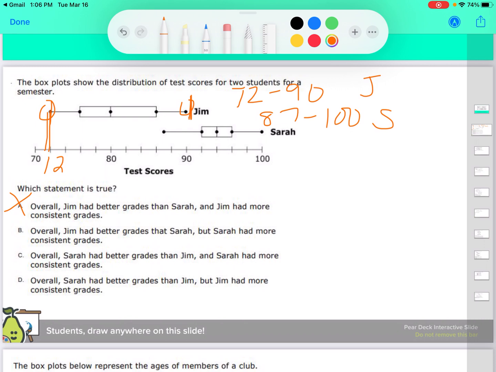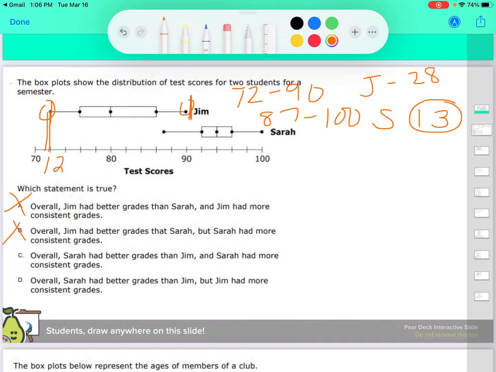Well, remember, the smaller the spread, the more consistent your information. So Jim's spread is what? 28, because I'm doing 90 minus 72 and I get 28. And Sarah's is 13. So Sarah is definitely more consistent with her grades.